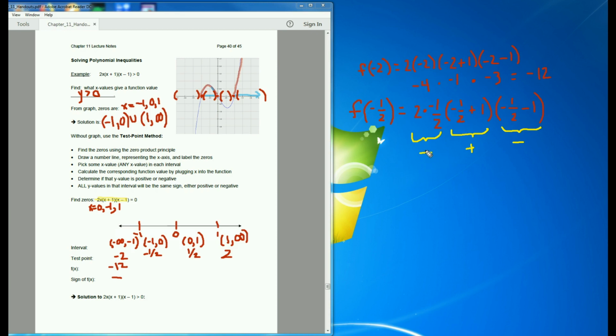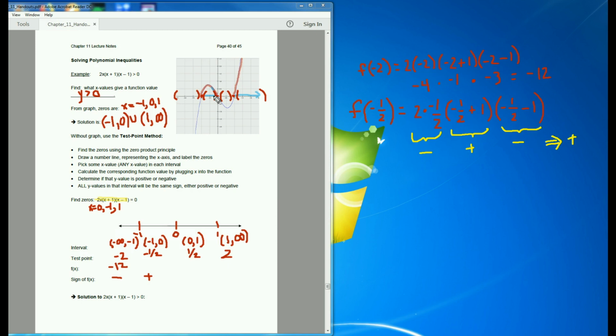So I'm going to have a negative number times a positive number times a negative number. Negative times negative turns into positive, and that is all I need to know. I don't even care what value this is. We know it's going to be positive, and that's all we care about. Come back to the graph: between negative 1 and 0, sure enough, the function value is positive there.